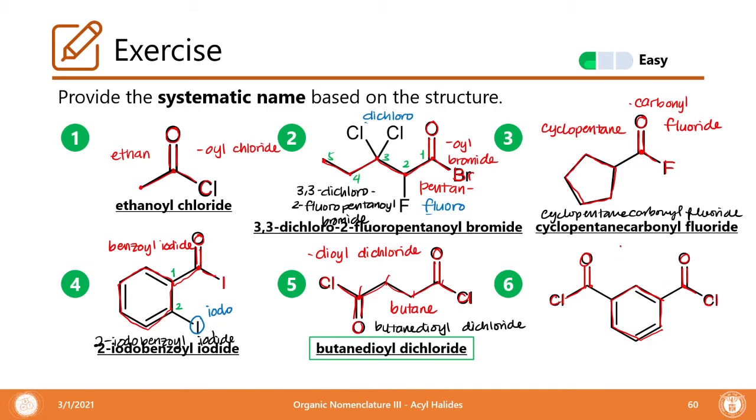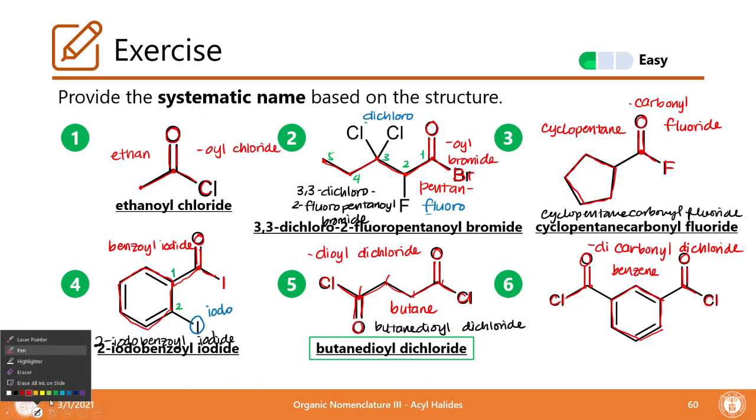So here we have carbonyl chloride, but since we have 2 of them, we have to use dicarbonyl dichloride. Our parent chain is benzene. When we do locant numbering, we have 1, 2, and 3.